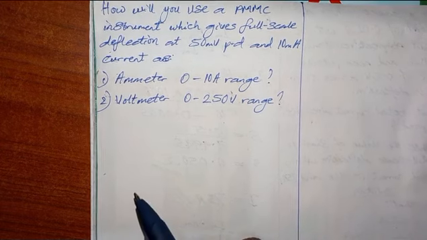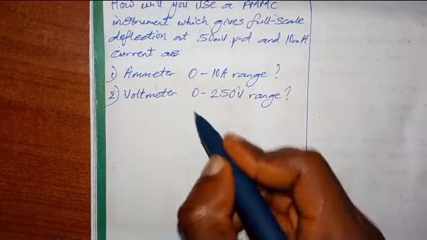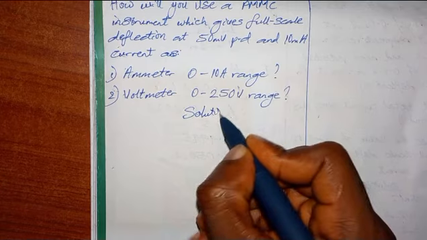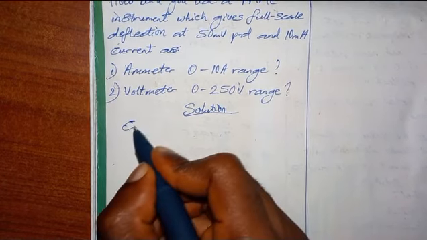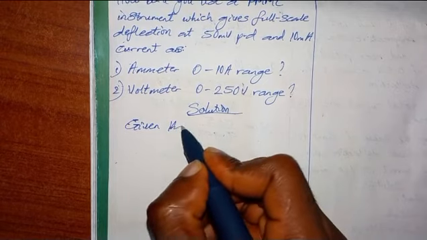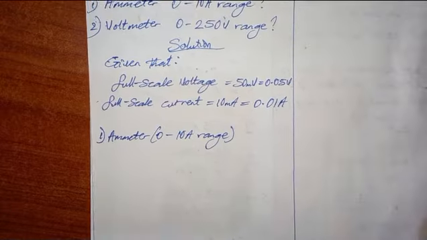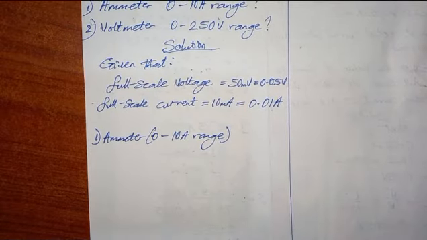And let's go into the solving. First I'd like to write out the parameters that are given. The parameters given here are the full scale voltage, which is 50 millivolts, which I convert to normal voltage, 0.05 volts, and the full scale current, which is 10 milliamp, which I convert to normal amps, 0.01 amp.